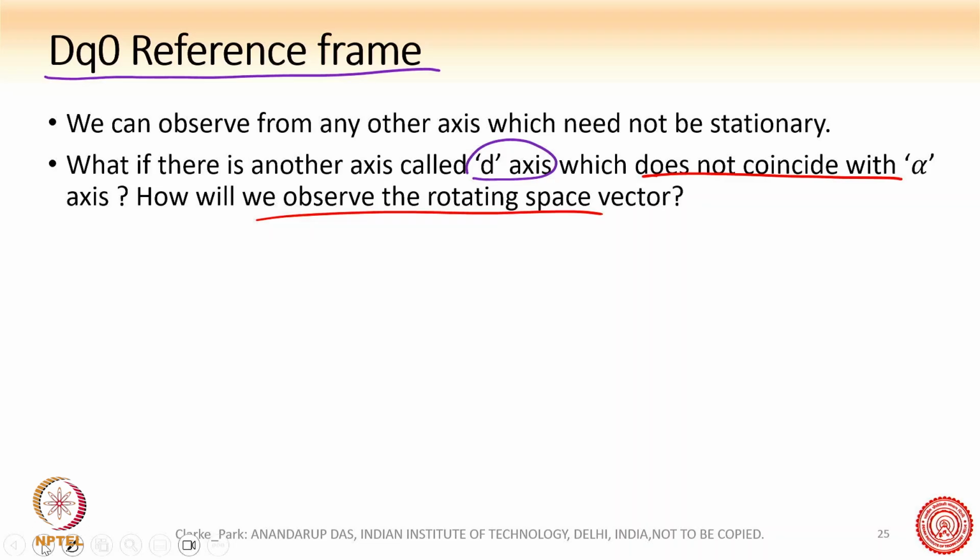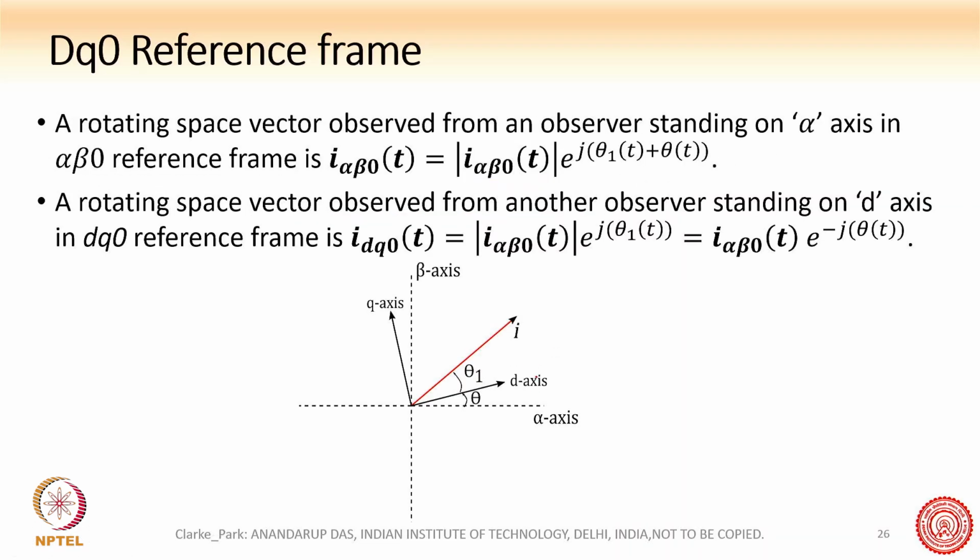As I told you, I am introducing a new axis, the D axis. This vector is rotating, and suppose I am standing on this D axis and observing this I vector. How will it look, and what is the mathematical form of it?